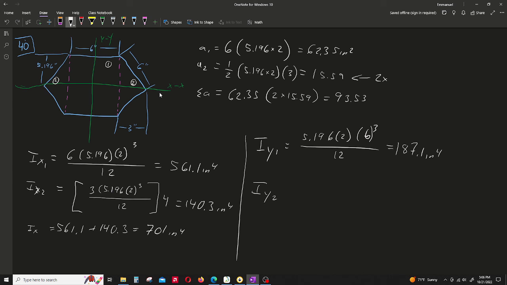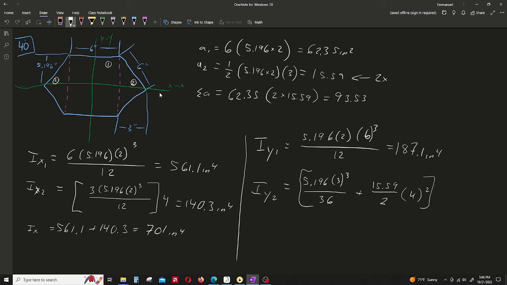IY2 is going to be equal to 5.196 times 3 cubed divided by 36. And then we're going to factor in our 15.59, the area, times d squared, which is 4 squared.